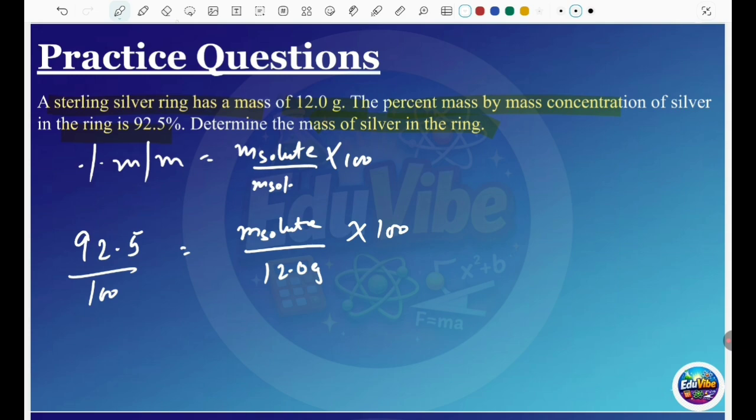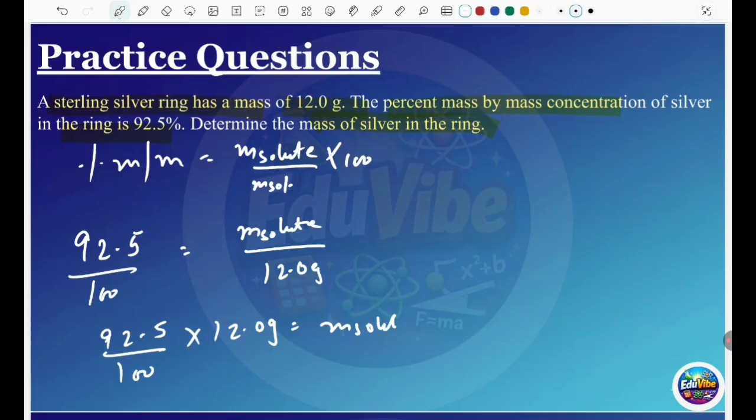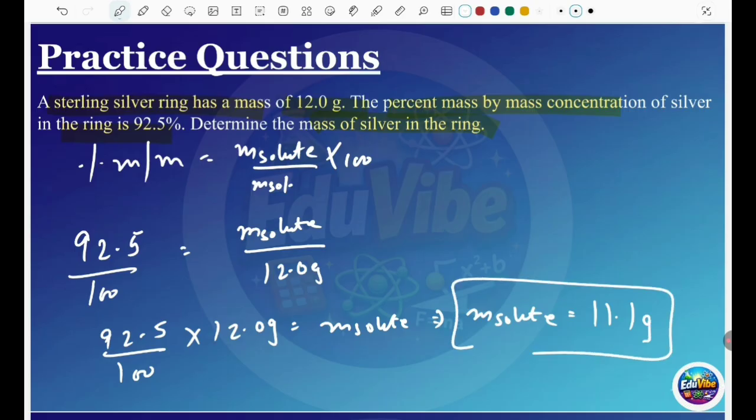So 92.5 divided by 100 multiplied by 12.0 grams is equal to the mass of solute. When you calculate this, you get a mass of solute of about 11.1 grams.